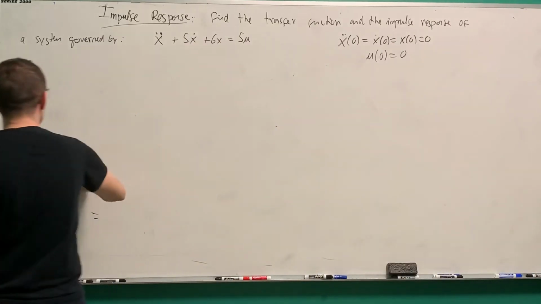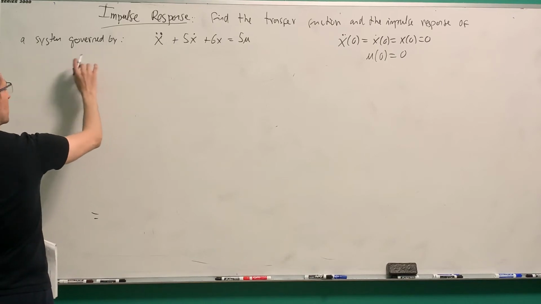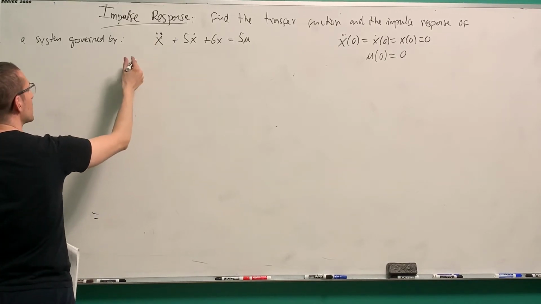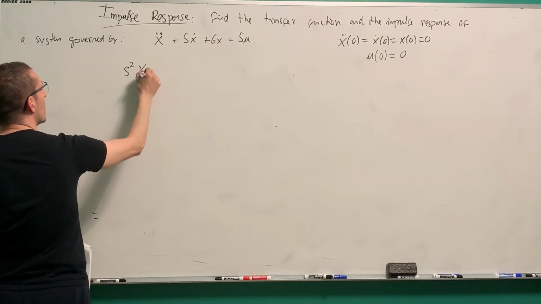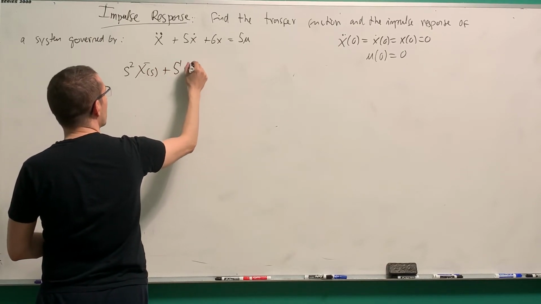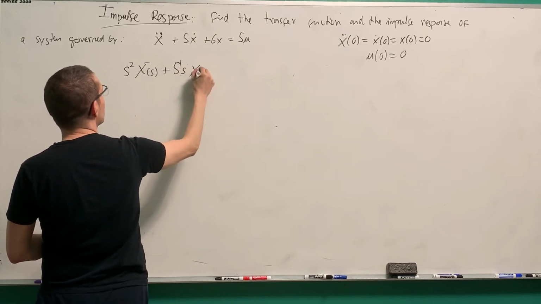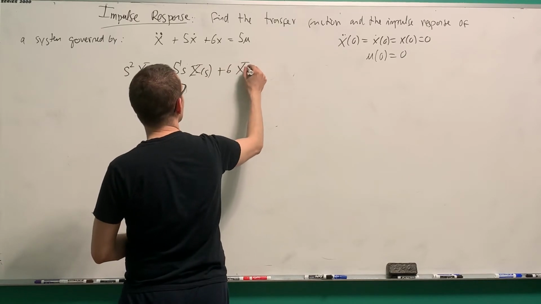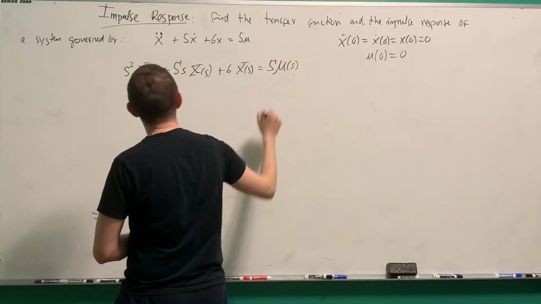For the transfer function, I take the Laplace transform of both sides. I get s squared X of s plus 5 s X of s plus 6 X of s equals 5 U of s.